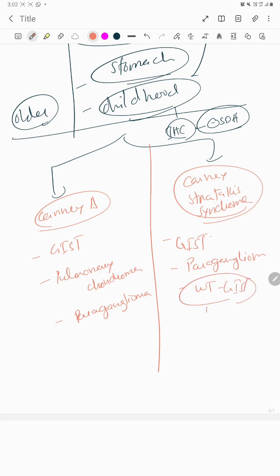So it has an indolent course. It is common in young age people, and a more specific important point to be noted is that it spreads to lymph nodes.